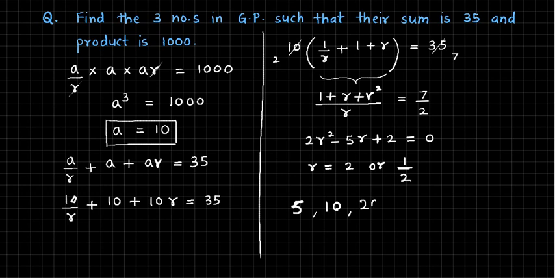Right. Now if the ratio is 1 by 2, we will get merely the same terms but in decreasing order. So in that case, the first term will become 20, the second term will become 10, and the last term is nothing but 5. So therefore the three required numbers are 5, 10 and 20, which is the answer.